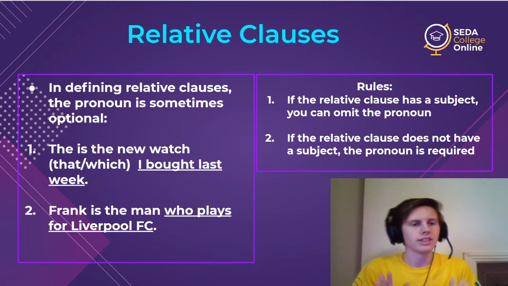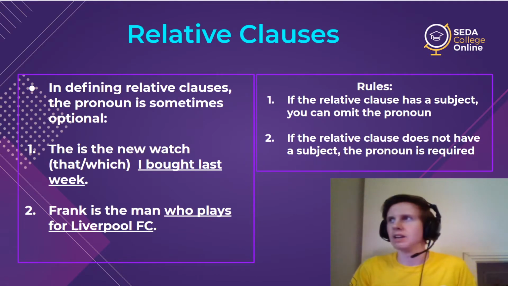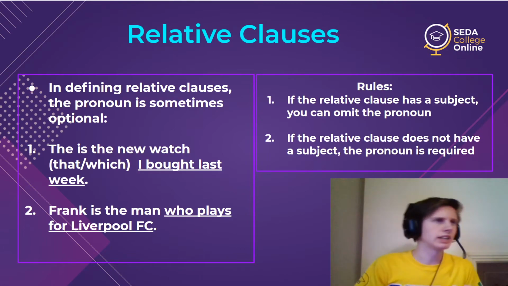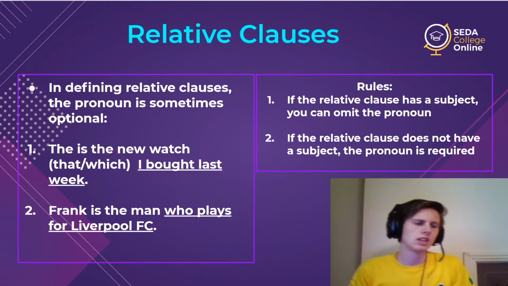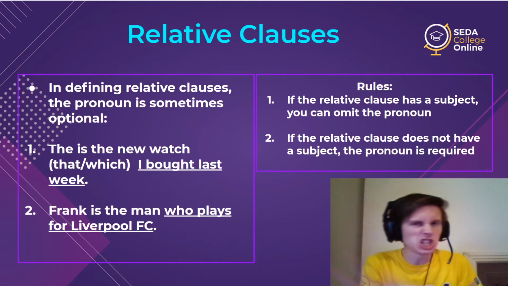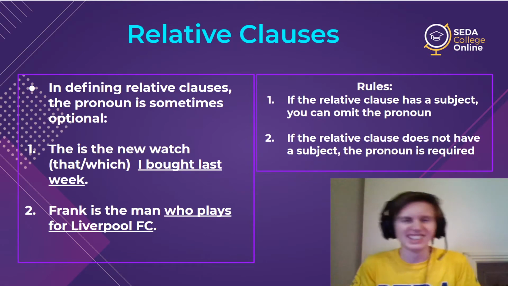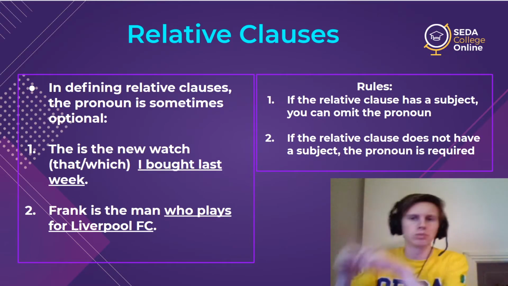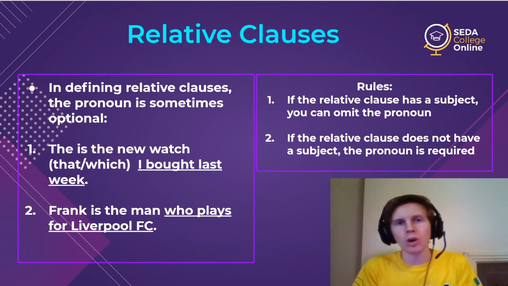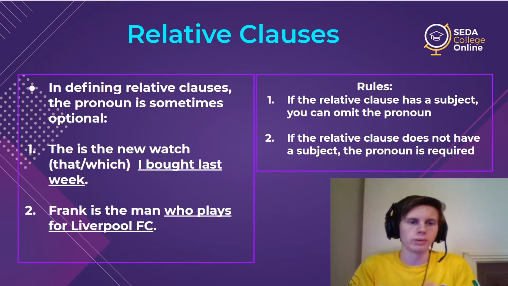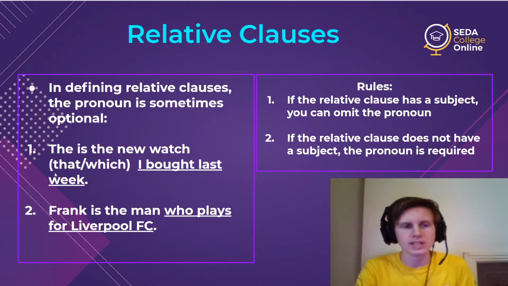So this may be a little tricky and it may be kind of unclear, subject, not subject. So you can also kind of cheat and just ignore everything. You can skip the rules. You will always be correct if you always say the pronoun. So you can always say it. You can always say that. You know, this is the new watch that I bought last week.